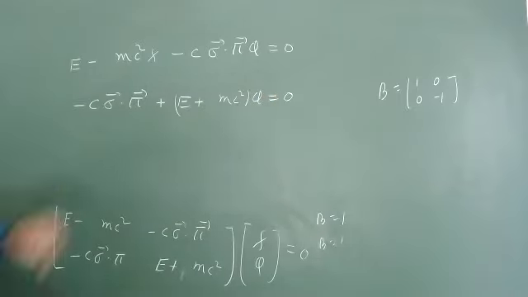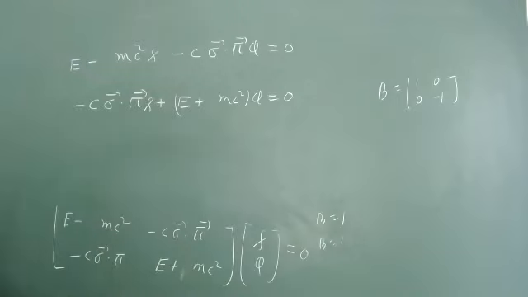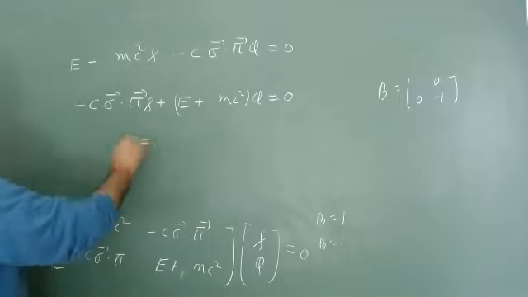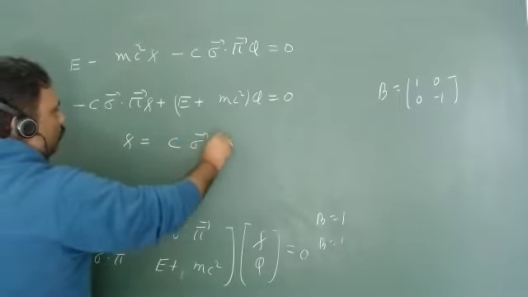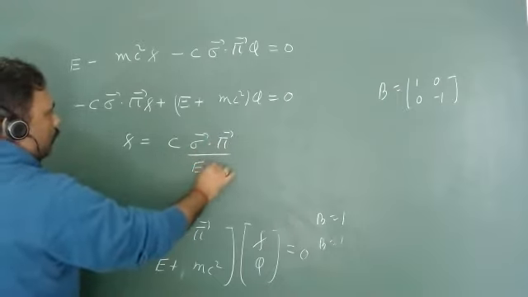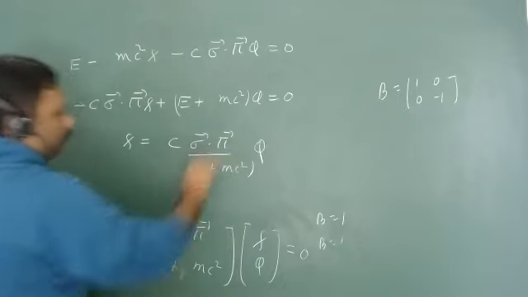So we can use this equation as, here is chi. This equation is written as something like chi is equal to c sigma dot pi upon E plus mc square phi.